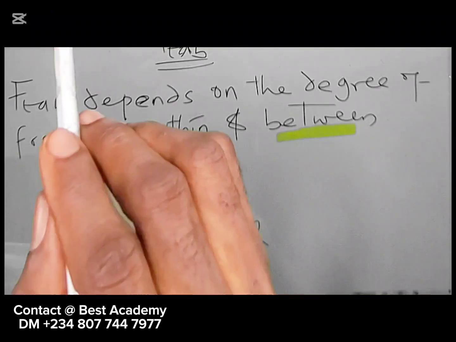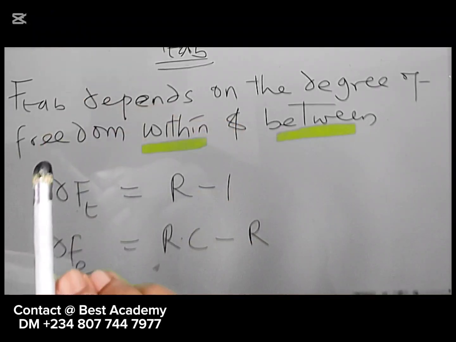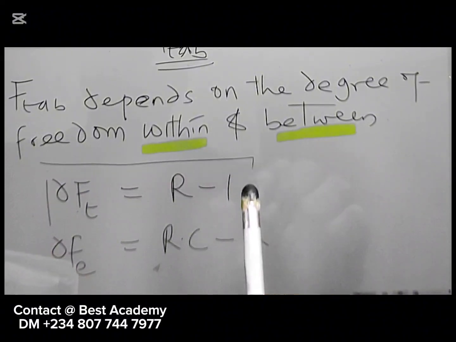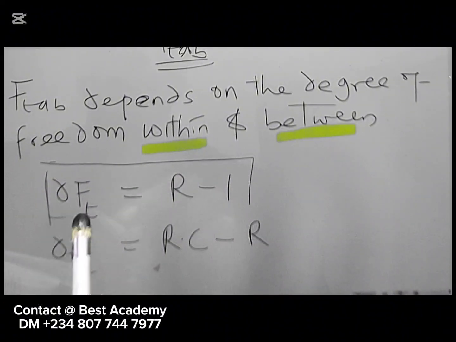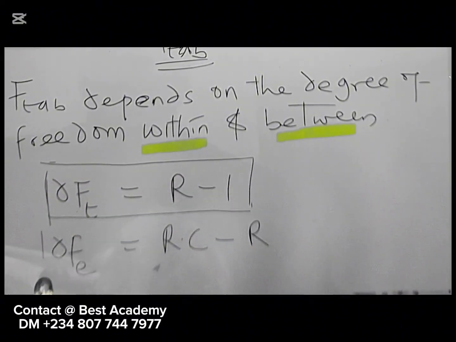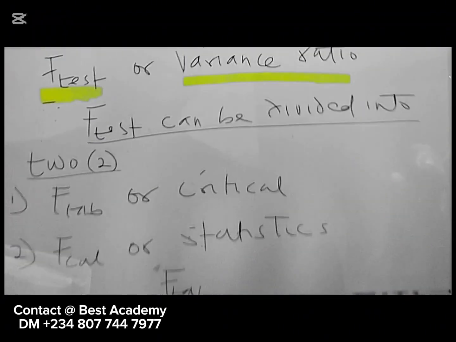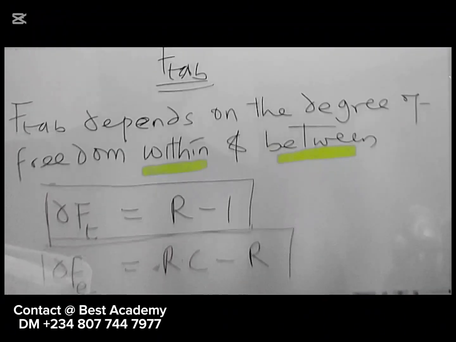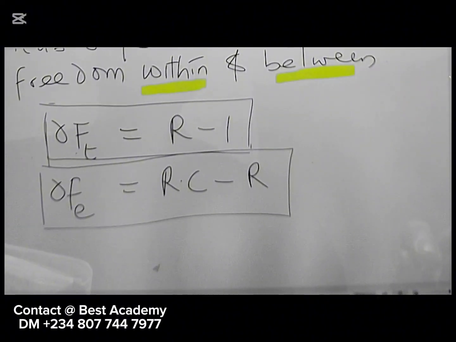Now that means this is what we need to calculate for F tab. So how do we make use of this degree of freedom within and degree of freedom between?